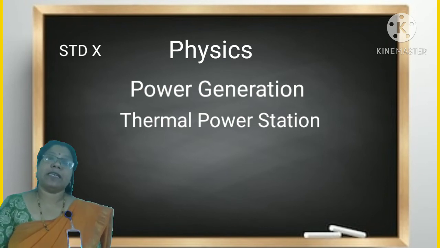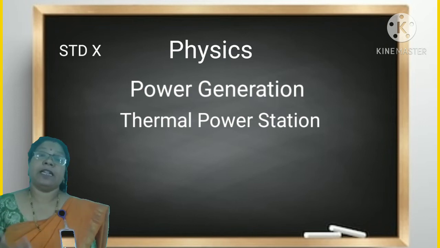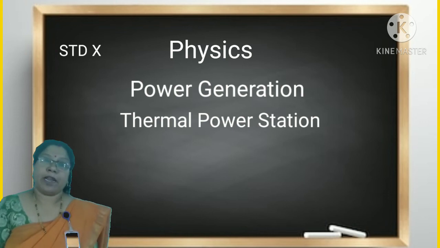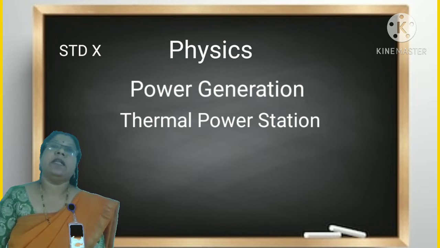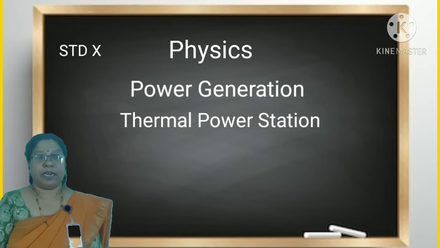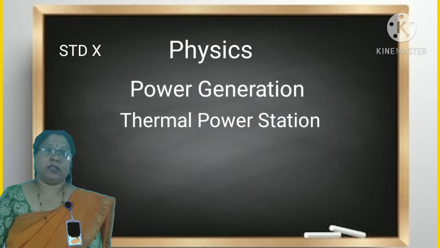So when water is heated at high pressure, steam is formed, and this high pressure steam is allowed to fall on the turbine of the generator. Due to the energy of the high pressure steam, the turbine rotates, thereby rotating the part of a generator. So these are thermal power stations.